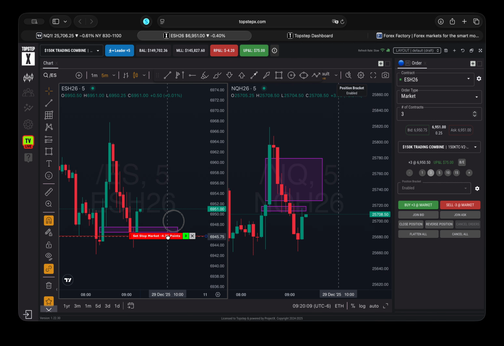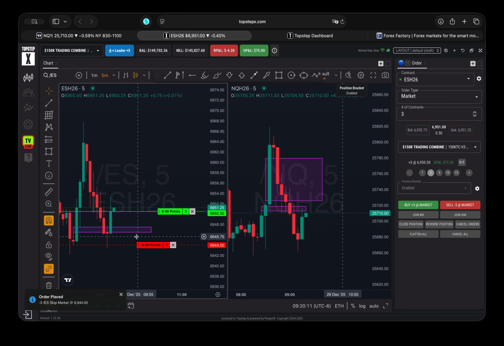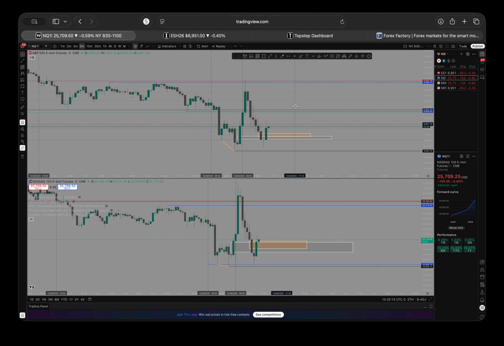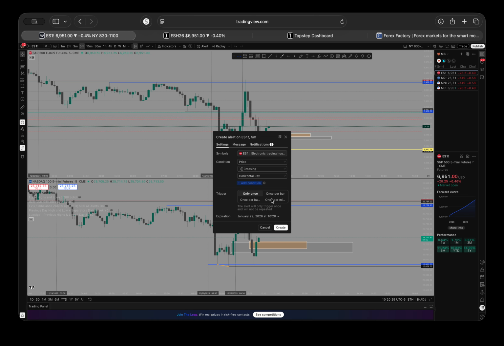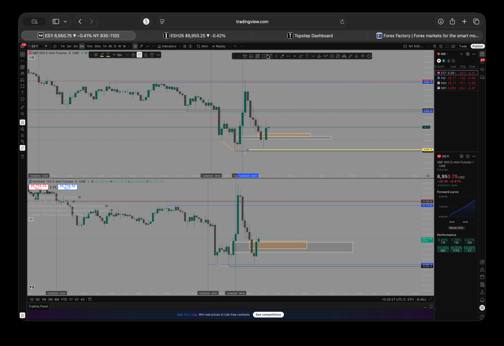I do my stop loss down here. I draw a stop loss to be somewhere down here. I make it a different color, embolden it, and then put an alarm. I'm not good at drawing this stuff here.